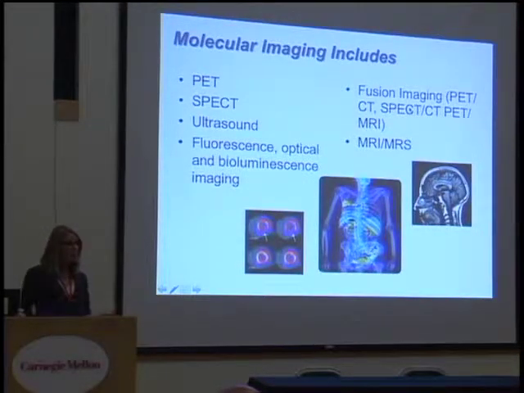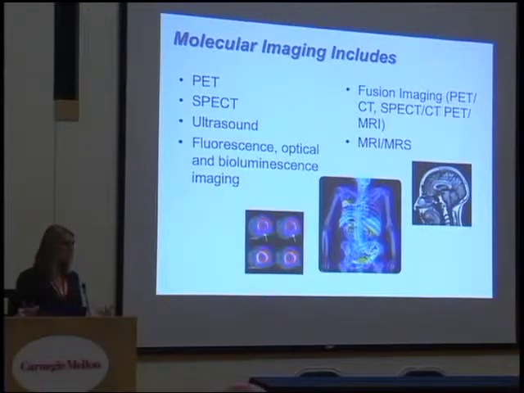But nowadays it's really the fusion imaging, and we've heard a lot of talks today about multimodality and how important it is to combine modalities. The anatomical imaging is really critical in doing this because I think it helps us to more accurately quantify what we're seeing. And so now we have PET-CT, SPECT-CT, and more recently PET-MRI.